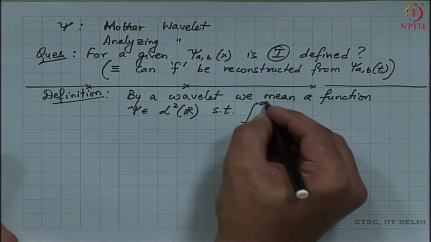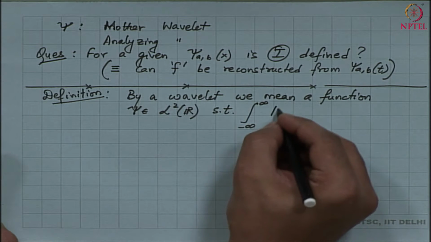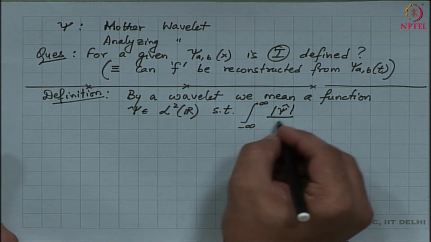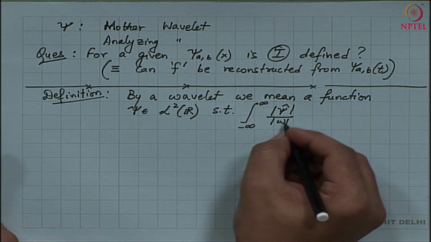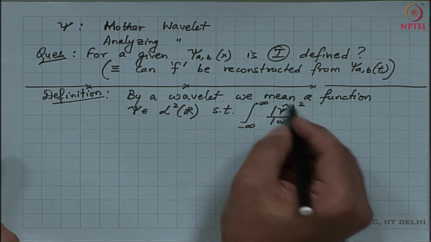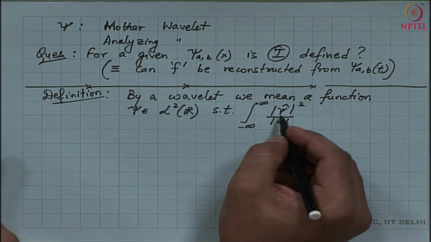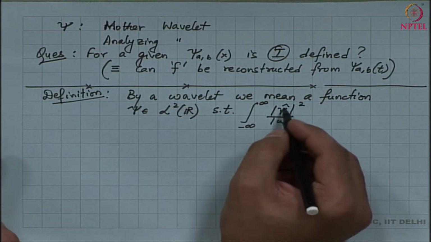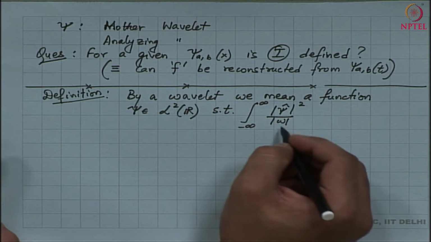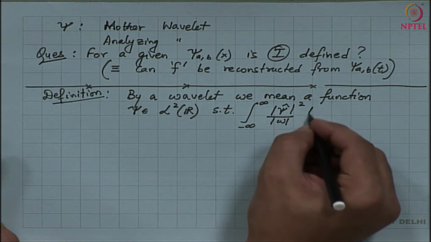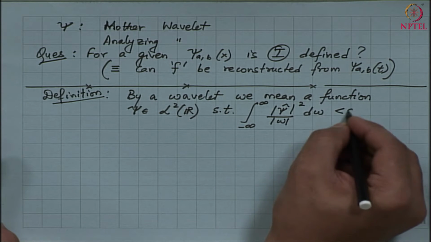the following integral of the modulus squared of psi hat of omega divided by omega is finite, where the hat denotes the Fourier transform of this mother wavelet. Okay.